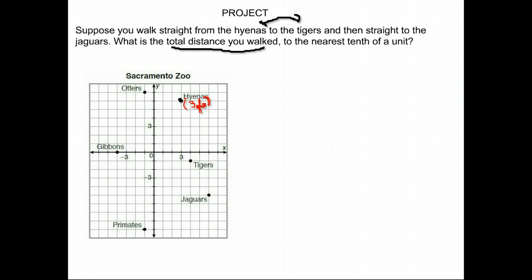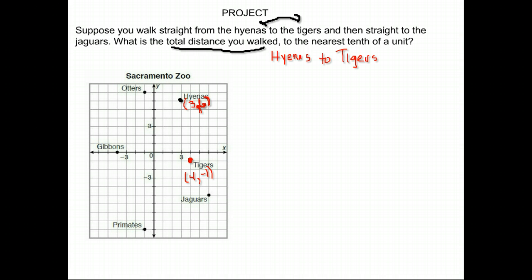Are we agreed on that? Okay, and we're going to tigers. So where are tigers? They're down here. Their location is over 4, so (4, and they're down 1, so -1). Good. Okay, so let's find our distance from hyenas to tigers first.